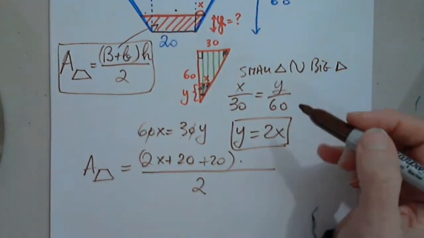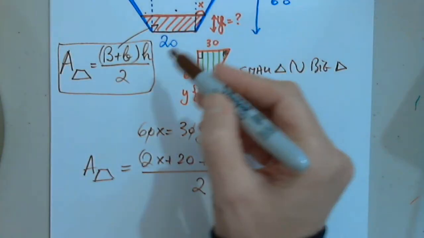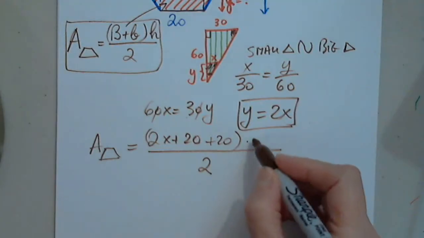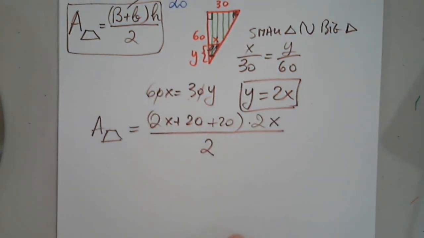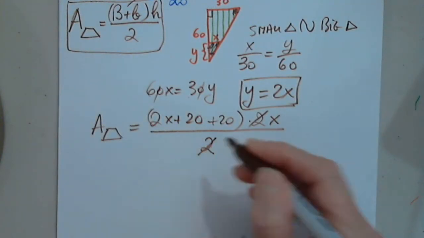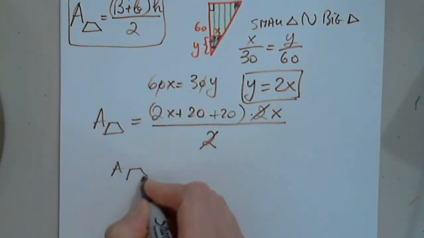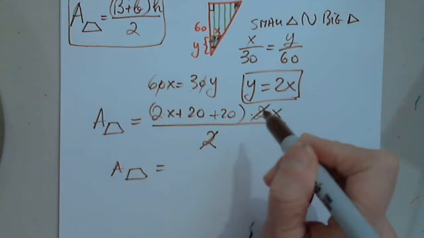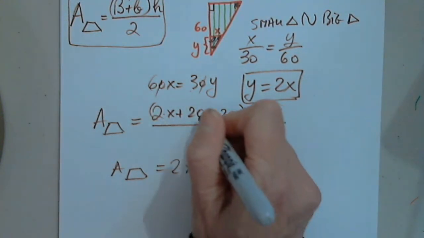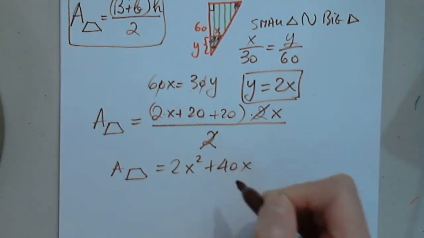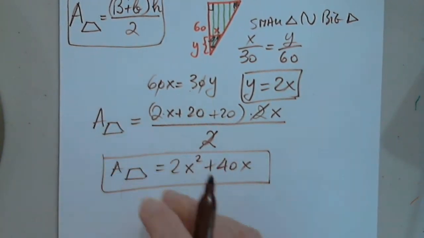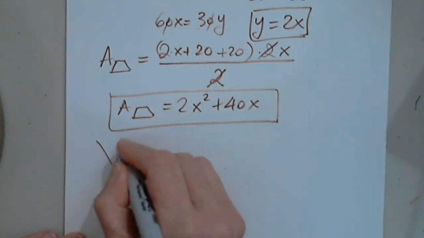So that's our height. The little height is y, which is 2x. I will simplify. So the area of the trapezoid is 2x times x, 40 times x. And now I can write the volume.